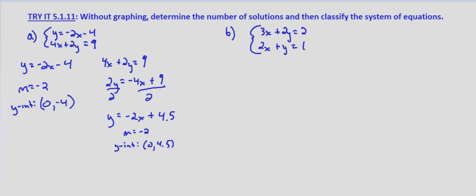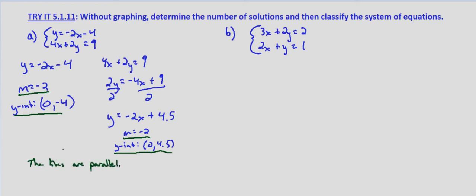So if we take a closer look at this, we have slopes that are the same. m equals negative 2 in both cases. Their y-intercepts are different. So if we have slopes that are the same, but they don't pass through the same point on the y-axis, that means that these lines are parallel.